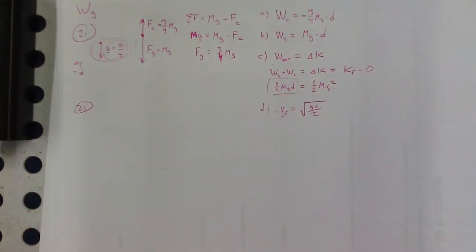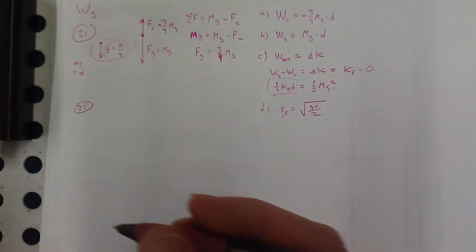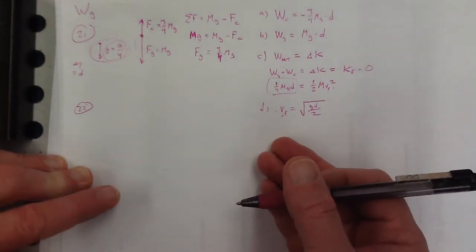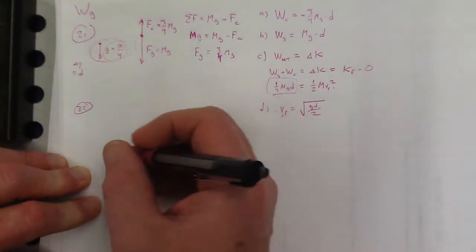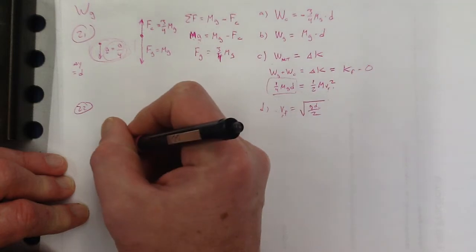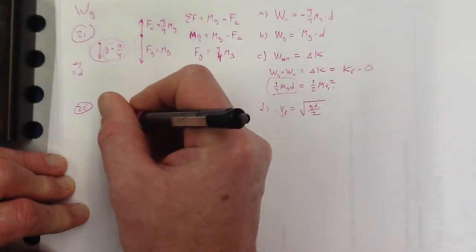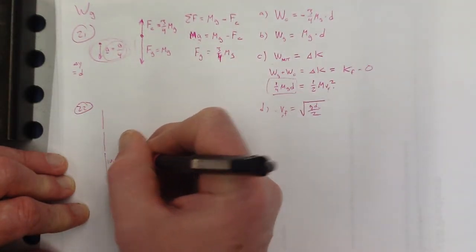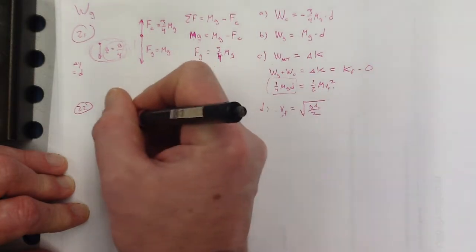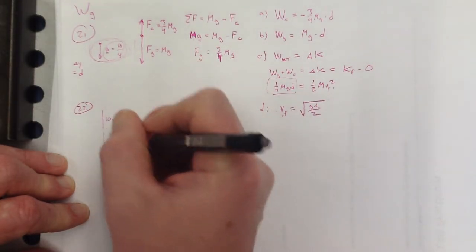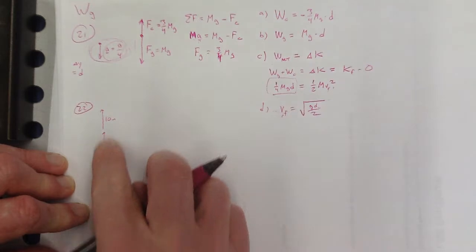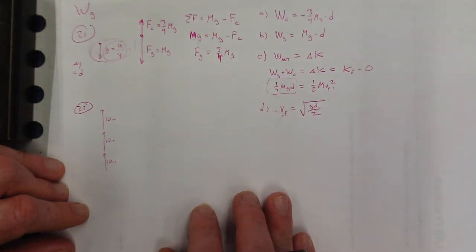All right, 22. A cave rescue team lifts an injured spelunker directly upward and out of a sinkhole by means of a motor-driven cable. The lift is performed in 3 stages, each requiring a vertical distance of 10 meters. Here's my little upward displacements.